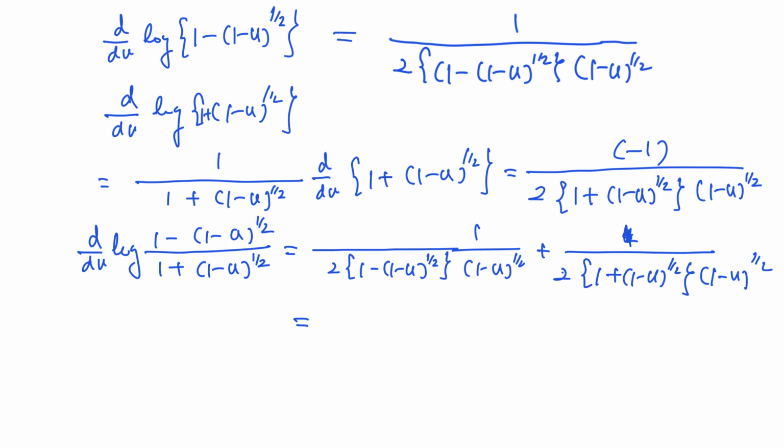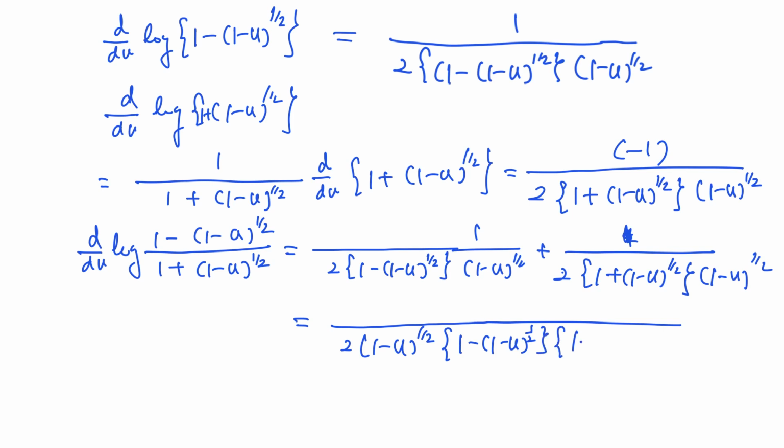So let's do it together. What do we get? We have a common factor, 2 (1 minus u)^1/2, and you multiply this by (1 minus u)^1/2 and 1 plus, and what do we get? 1 plus (1 minus u)^1/2, 1 minus (1 minus u)^1/2, right?